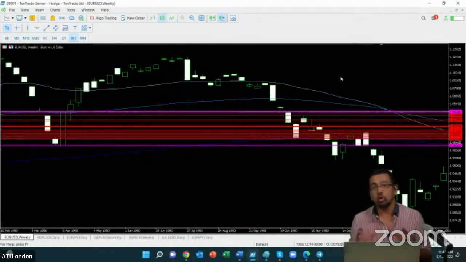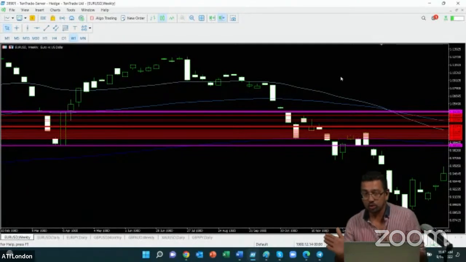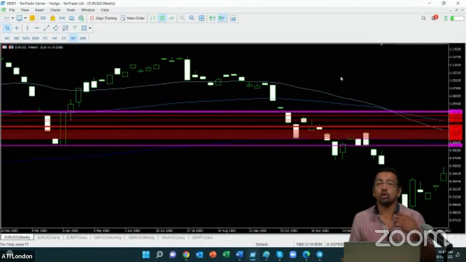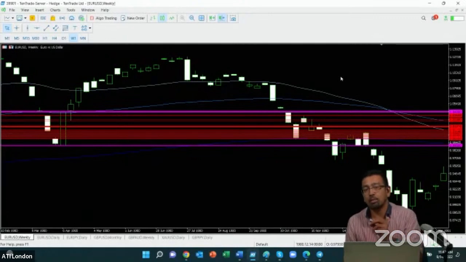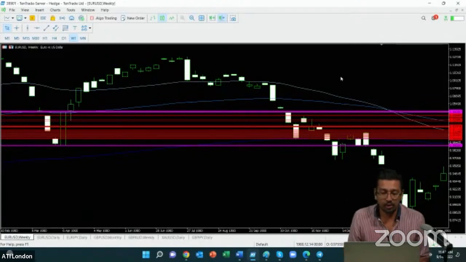But if you're looking at data for mother candles on a daily chart onwards, then it would be very obvious visually to you that it would be 100 pips, if not 400 or 500 pips worth of the mother candle itself. But there's no clear rule of what's the minimum number of pips to make it a significant mother candle. It's not necessary to worry about that side of things.